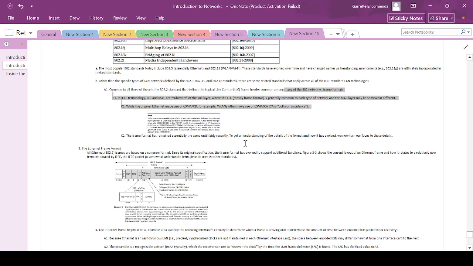In IEEE terminology, other than specific types of LAN networks defined by the 802.3, 802.11, and 802.16 standards, there are some related standards that apply across all of the IEEE standard LAN technologies. Common to all three of these is the 802.2 standard that defines the logical link layer frame header common among many of the 802 network frame formats.